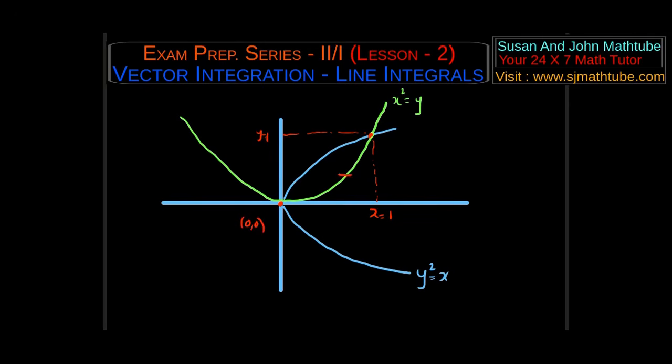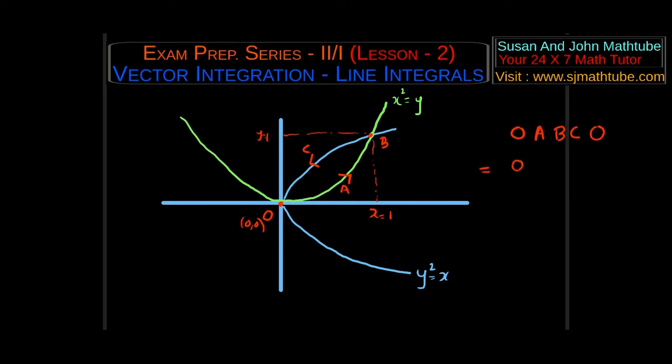And remember, the path of integration will always be taken counterclockwise, anti-clockwise. So let's give some names: O, and somewhere here A, B, C. So the path of integration is O, A, B, C, O. Okay, so it is split into two parts.